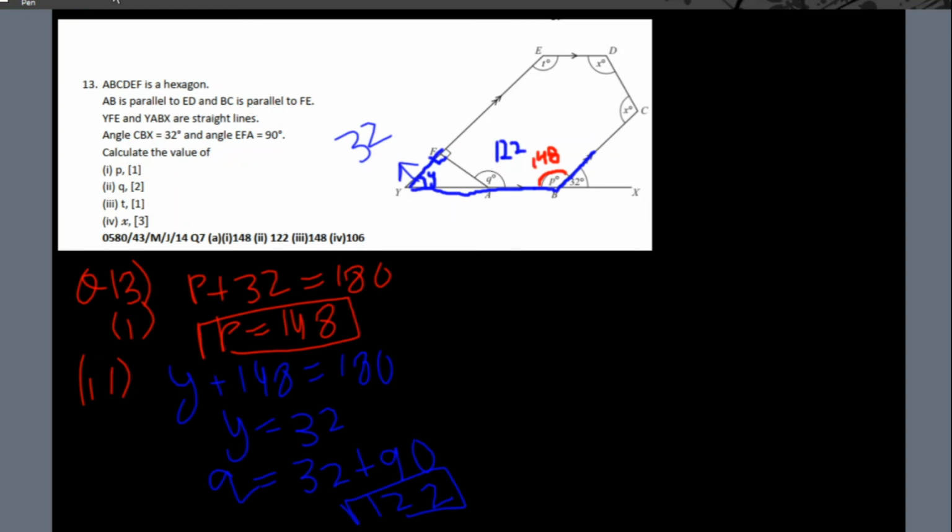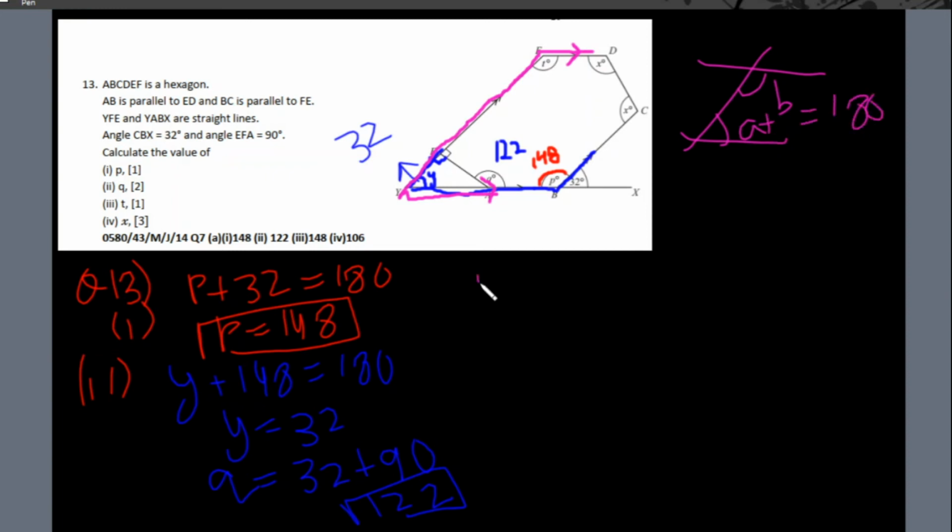Next we need to find angle T. Now to find T, again y and T are making interior angles, and we know the sum of interior angles equals 180.